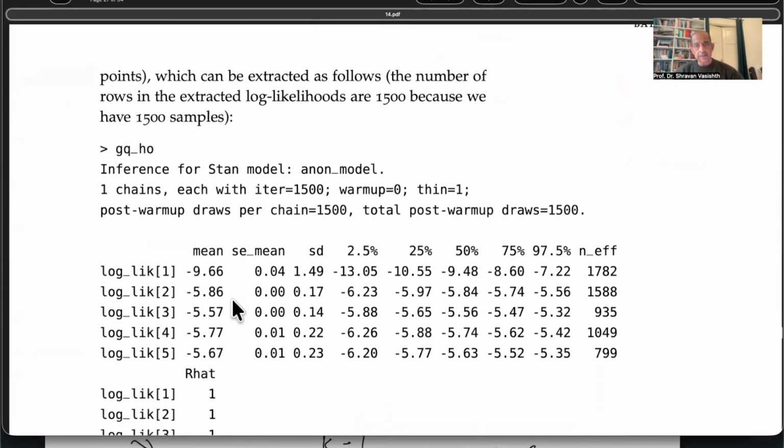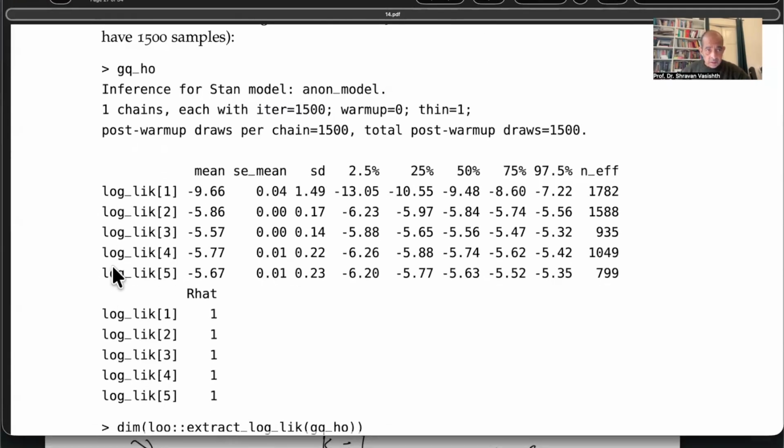So this is just reiterating what I just said. The GQHO object contains the log likelihoods. So there'll be 41 of those, right? And because there are 1,500 samples from the posteriors, we can compute statistics, the uncertainty of each of the log likelihoods as well for the 41 data points.